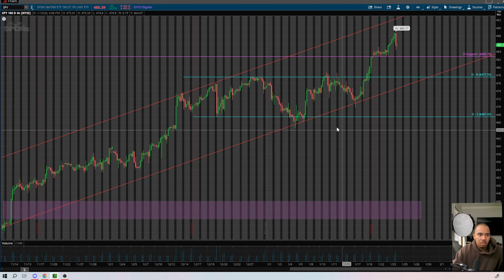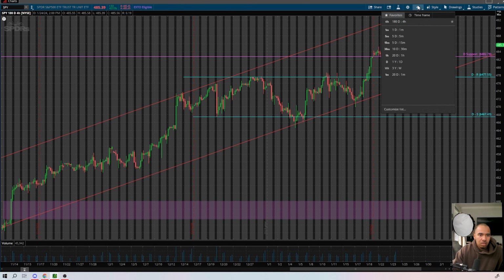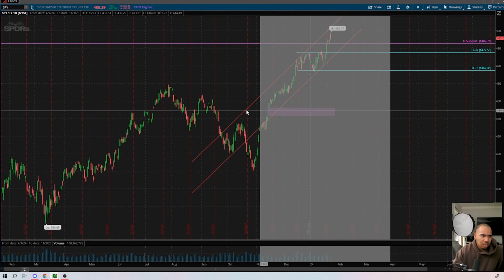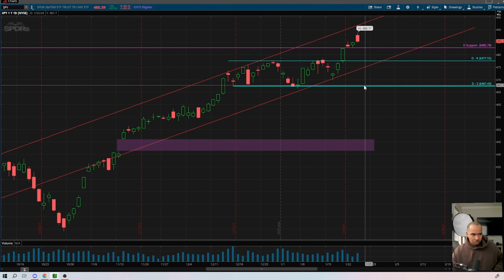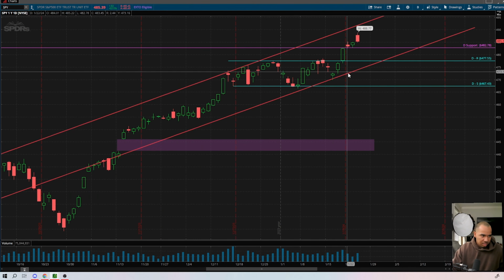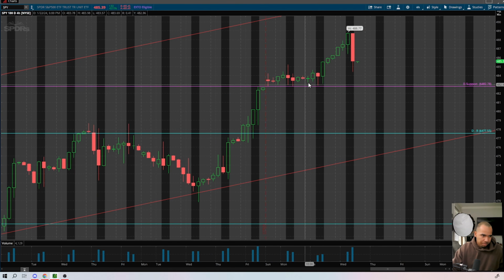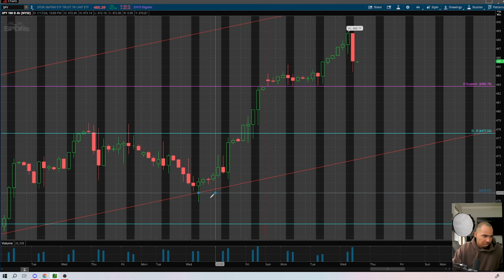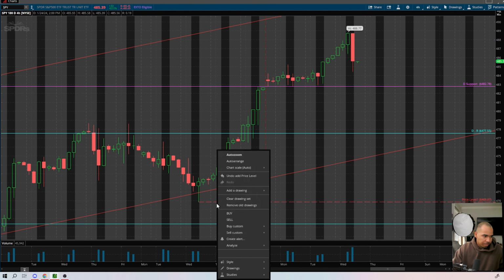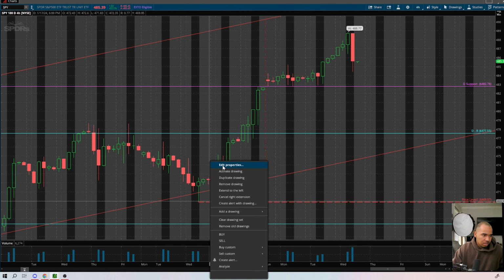Probably do it on the daily. Where did we change directions is usually where I would draw my pivots. So right here, this will be a pivot. Bam. That is where price changed directions.